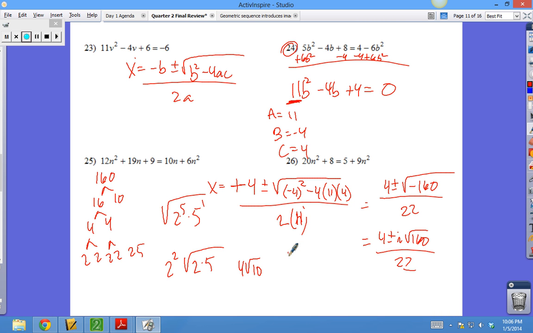I'm going to rewrite this as 4 plus or minus 4i times the square root of 10, all over 22. And I know that I can divide all of those by 2. So my final answer is going to be 2 plus or minus 2i times the square root of 10, all divided by 11.